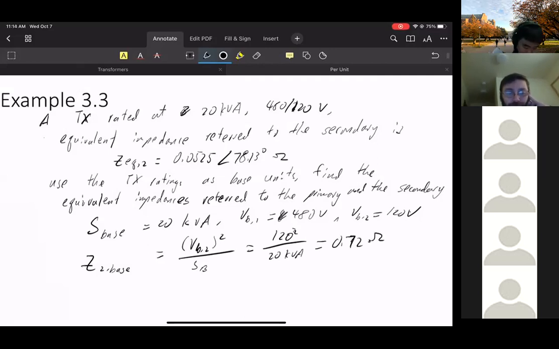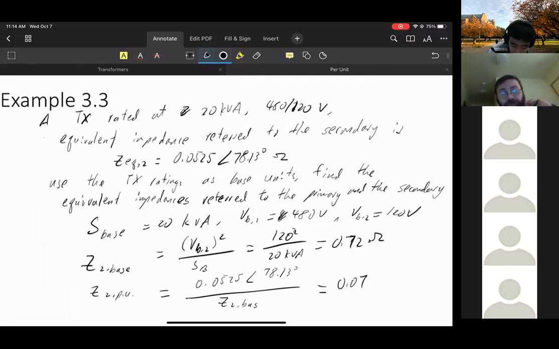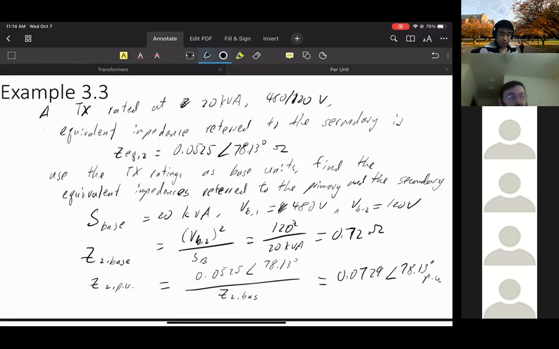So now our secondary side per unit is just 0.0525 angle 78.13 divided by the base impedance, which gives us 0.0729 angle 78.13 degrees per unit. We don't normalize the angle, we normalize the magnitude. So the secondary per unit is 0.0729 angle 78.13 degrees.